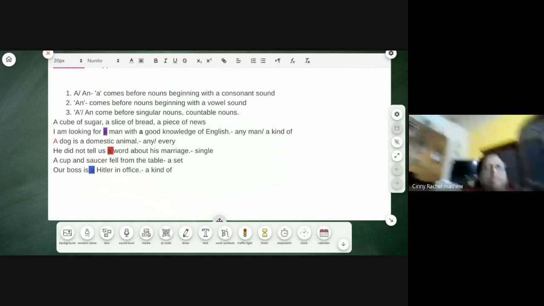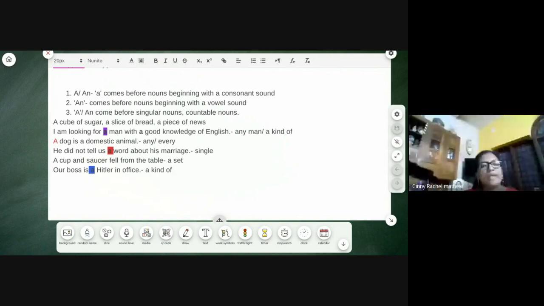So I hope this is clear for you, the way A is used in sentences to mean slight variations in meaning.